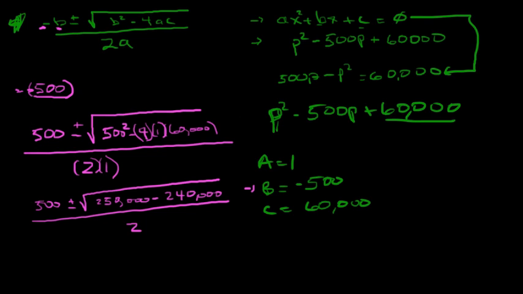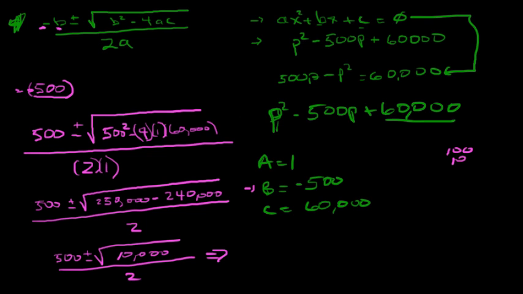250,000 minus 240,000 is 10,000. So now we're at 500 plus minus square root of 10,000 all over 2. And that square root of 10,000 is 100. 100 times 100. You take the first 100, you add the two zeros. 1, 2, 3. That's 10,000. So square root of 10,000 is 100.